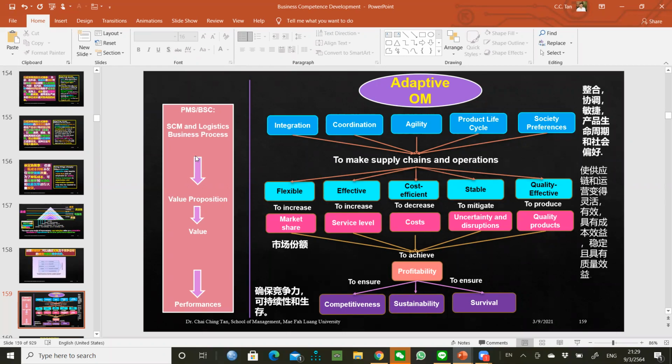So we are moving from supply chain and logistics business processes to value proposition to performance. So again, this is really nothing but the business model concept. So there is no difference between business model and supply chain concepts and operations management and everything. It really depends on how you understand it and twist and turn it, right?